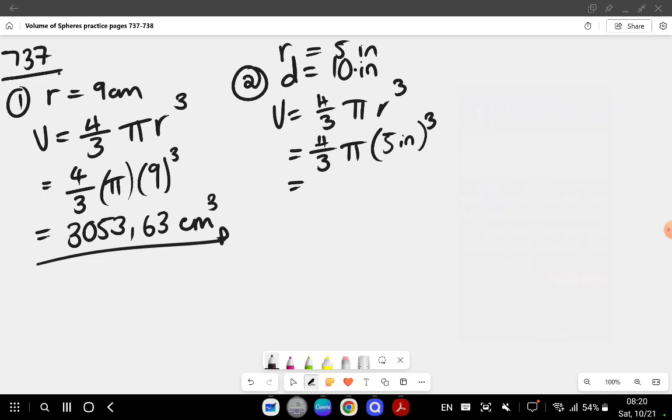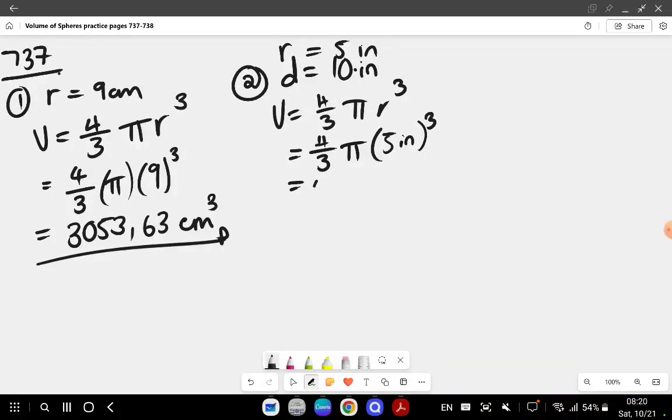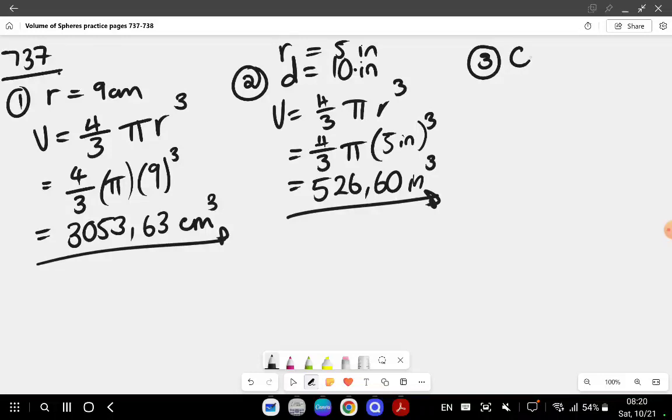And that gives me, I'm going to just go back on my calculator, change that 9 to 5. 523.598, which means it's 523.60 inches cubed.